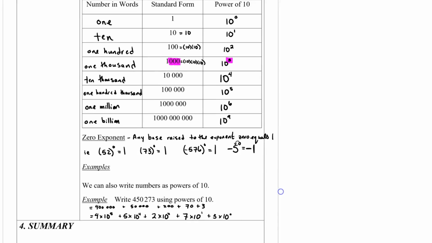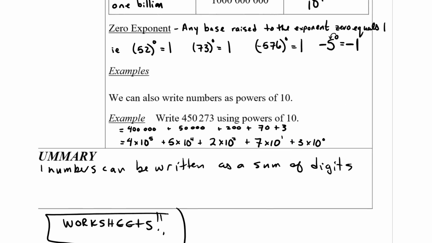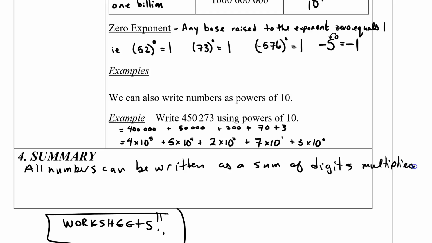So, as a summary, we can say that all numbers can be written as a sum of digits multiplied by powers of 10.